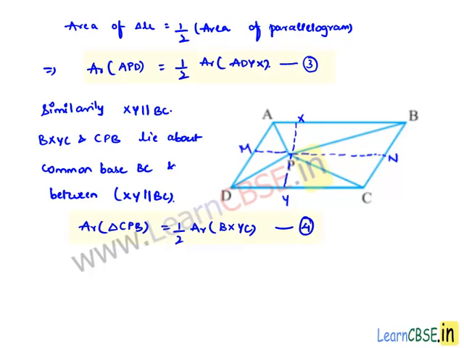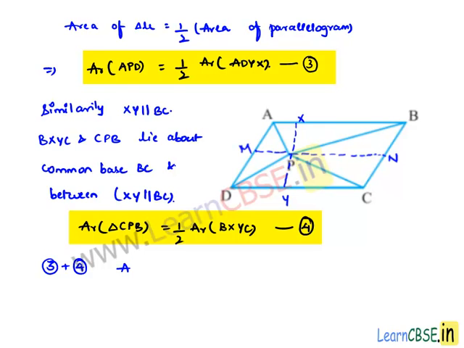Let it be equation number 4. Now let us add equation number 3 and equation number 4. Then we get area of triangle APD plus area of triangle CPB is equal to half times area of ADYX and area of BXYC.